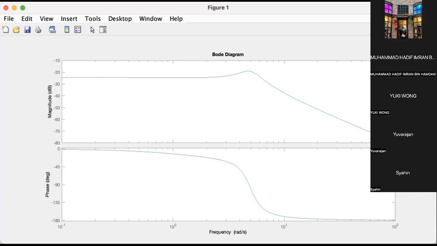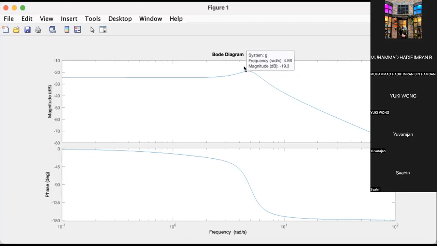Wahidah, yes, Doctor. What is the value of the corner frequency? Is it we scan at the maximum point? Which is the frequency is 4.93 radian per second with the magnitude of negative 19.0 dB.